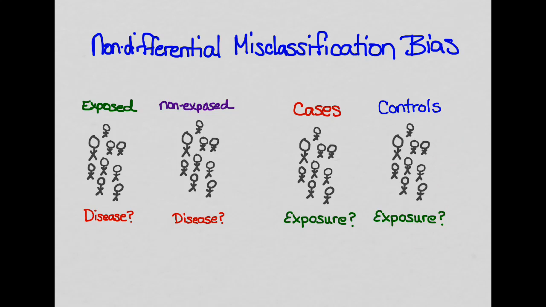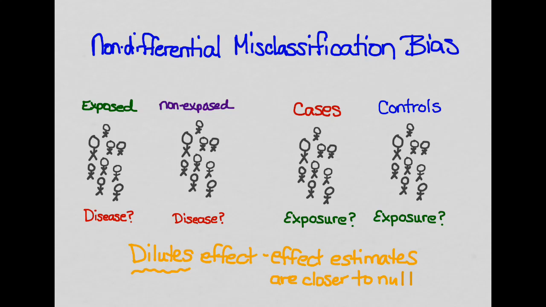You might think that doesn't really matter, but actually the impact of non-differential misclassification is to dilute any effect. So if there's non-differential misclassification, the effect that your study estimates is going to be closer to the null than the true effect. So it'll be harder to find an effect if there's non-differential misclassification.